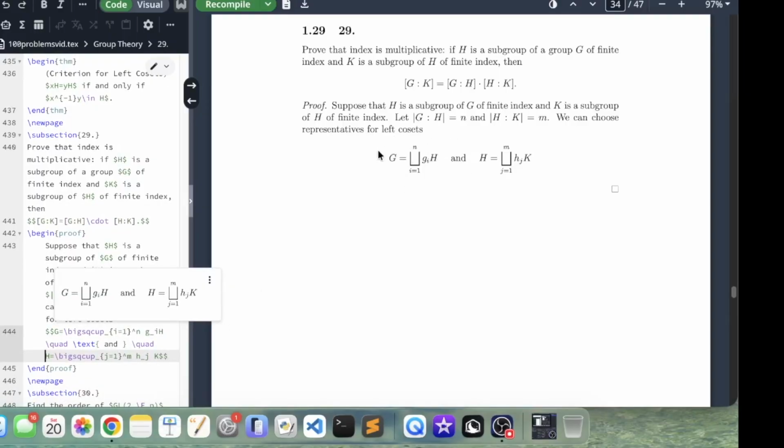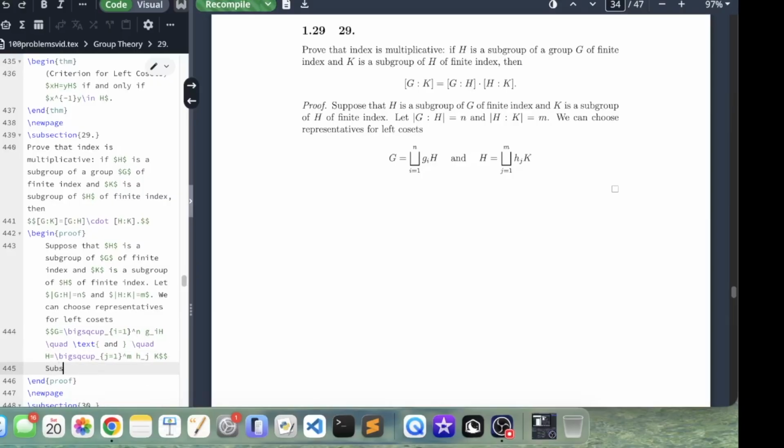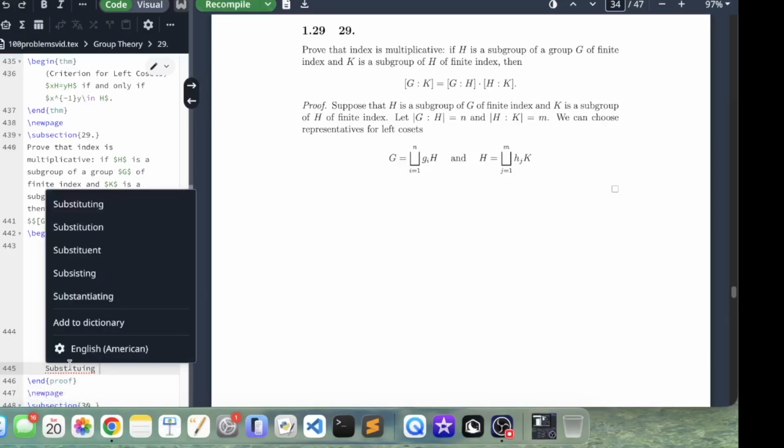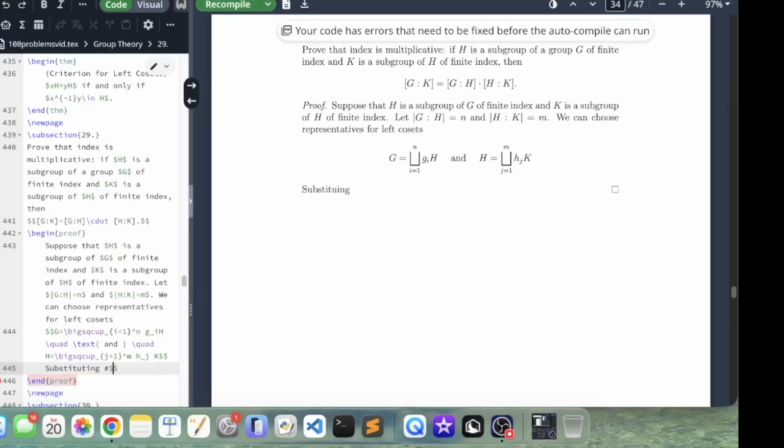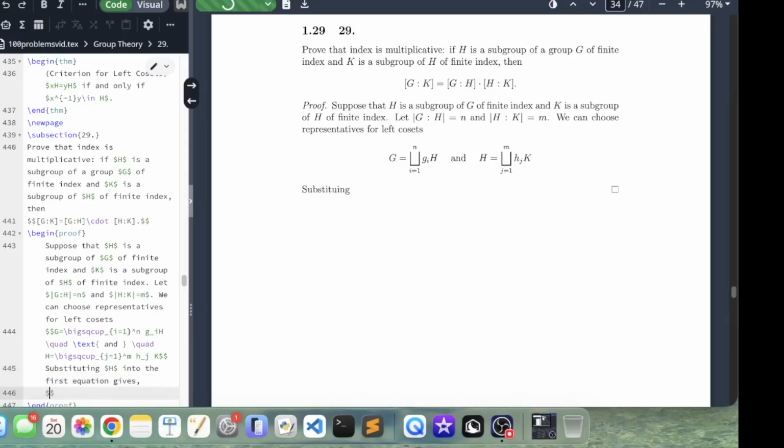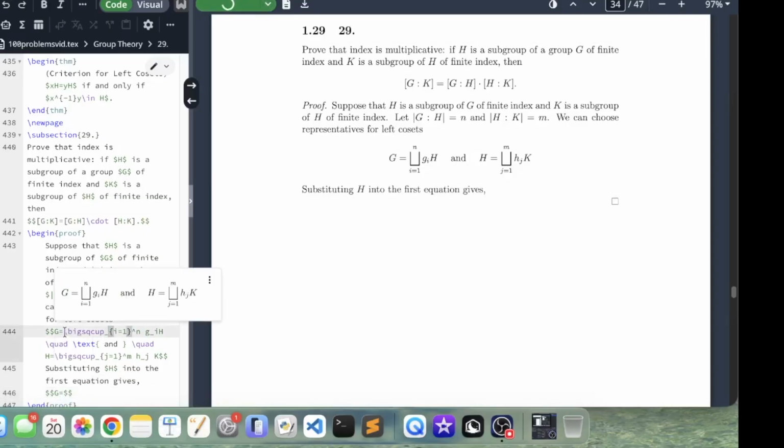Now we can take the second one, the H equals, and substitute that back into the first H. So, substituting H into the first equation gives G equals, and let's just do some copying and pasting.